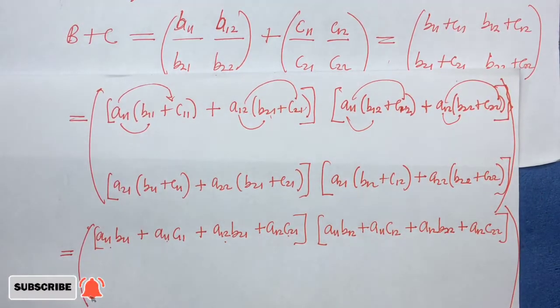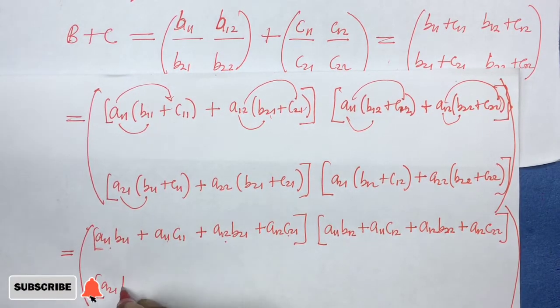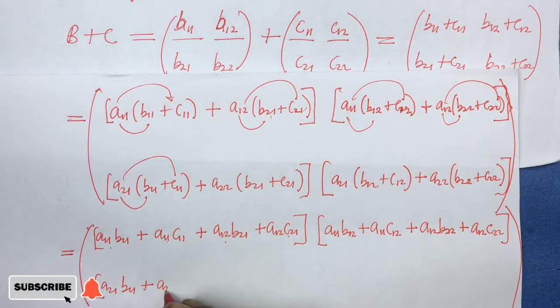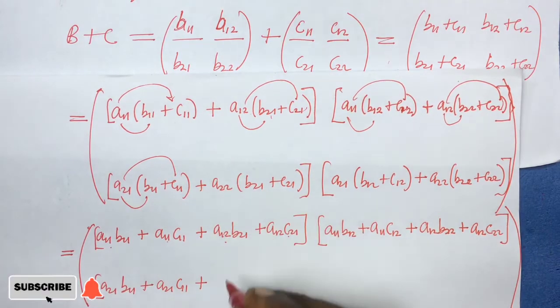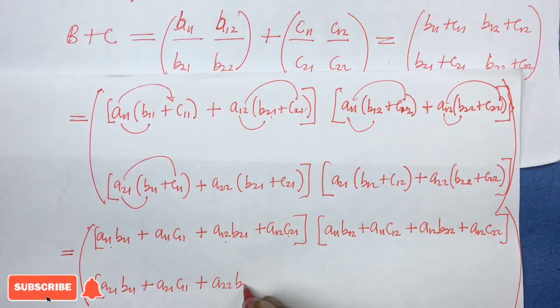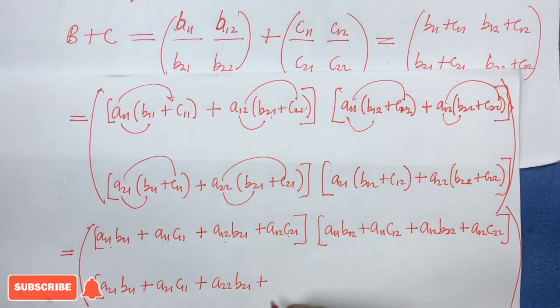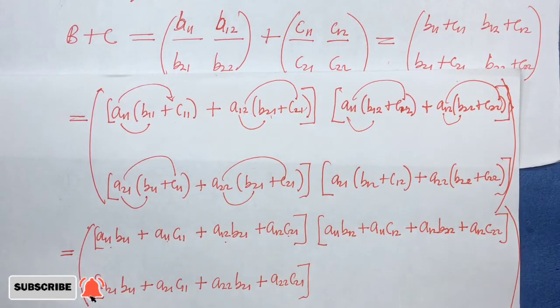This closes. Now come over here. This times this is A21 B11, plus A21 C11, plus A22 B21, plus A22 C21, and that closes that bracket.